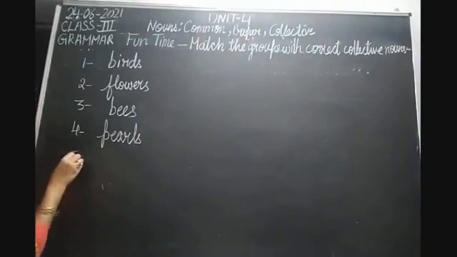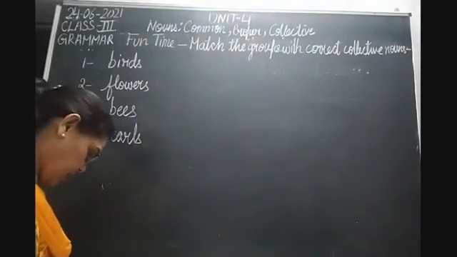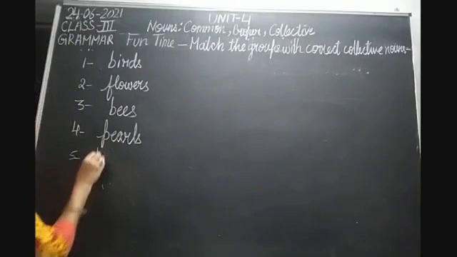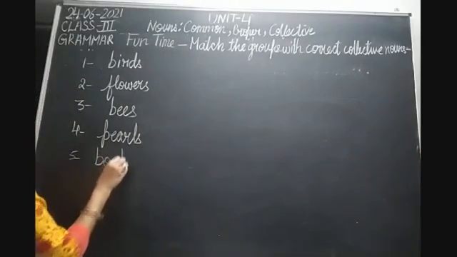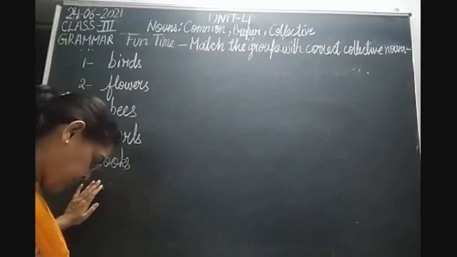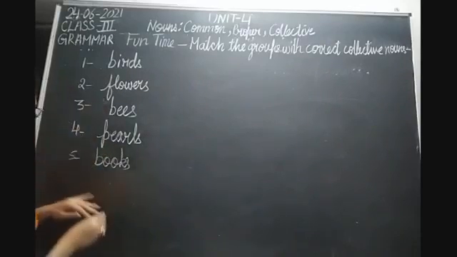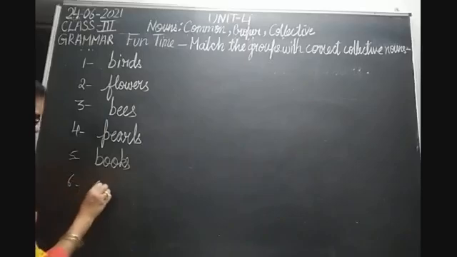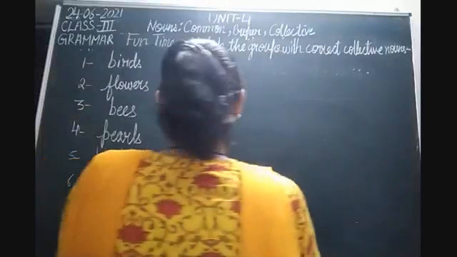Pearls. Then fifth books are there, and the sixth cows. So now we need to match these.